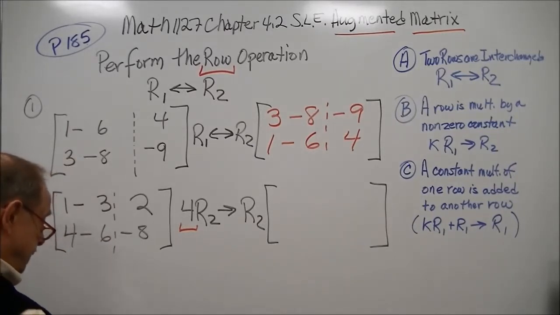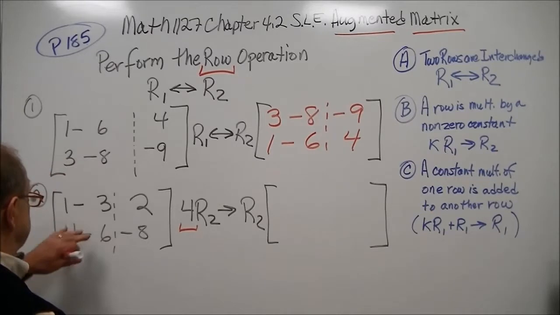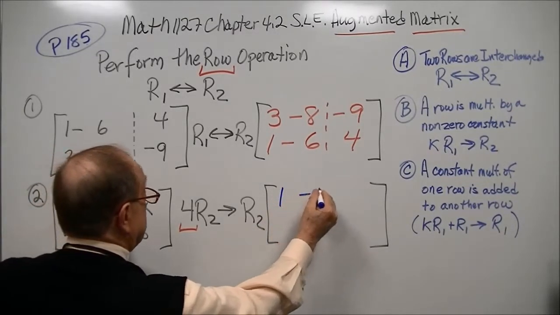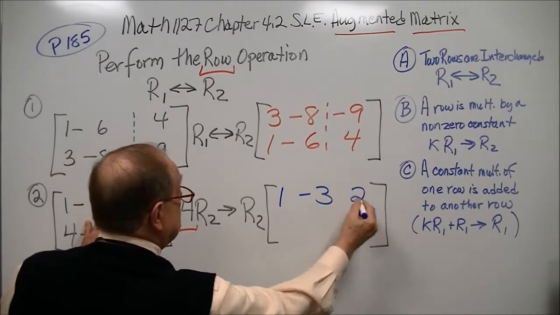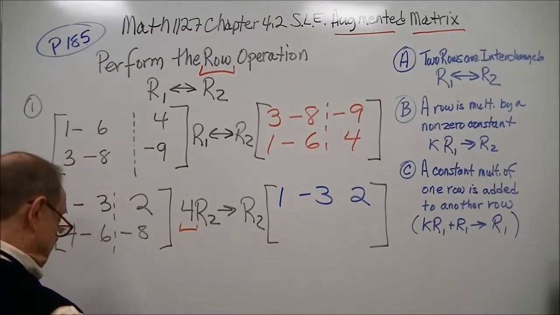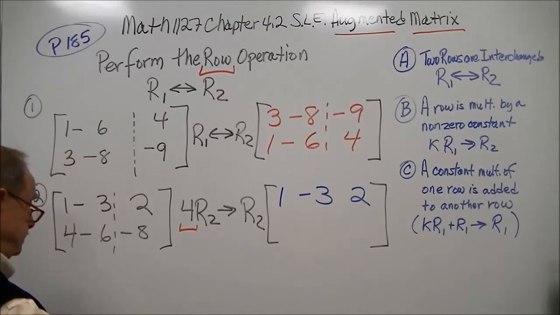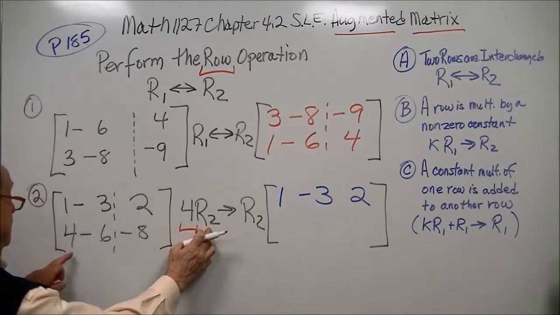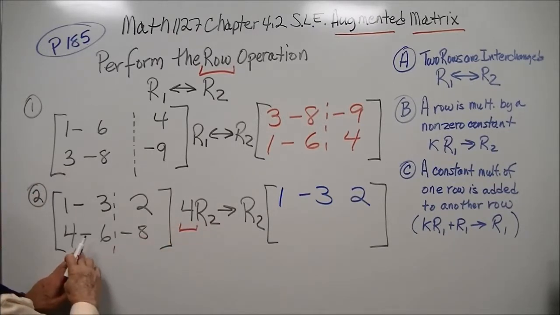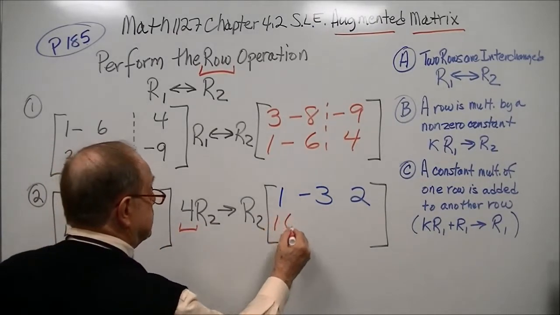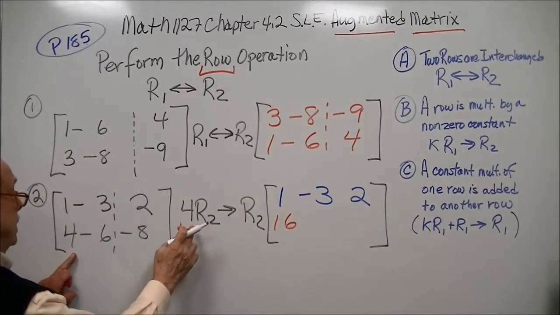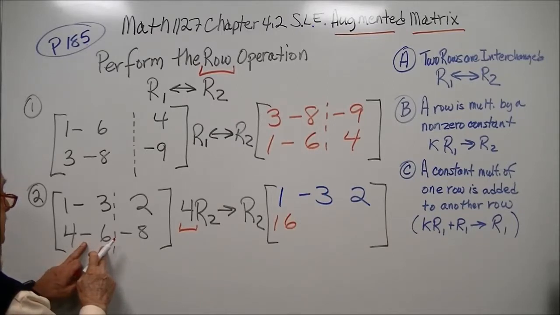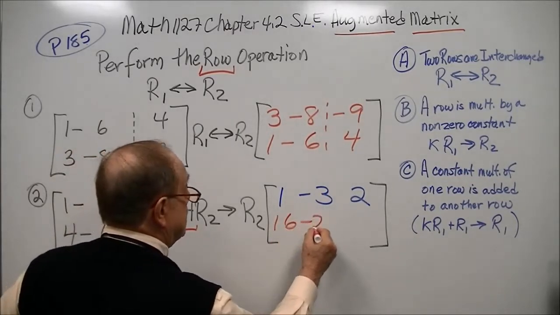So notice we're not doing anything with row 1. So let's just write row 1 there. But we are replacing row 2 with something. So it says a positive 4 times the first term. So 4 times 4 is 16. 4 times a negative 6 is a negative 24.